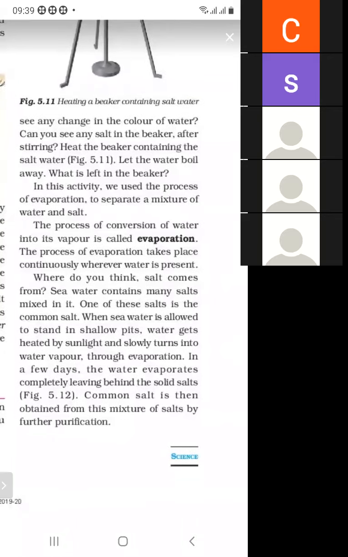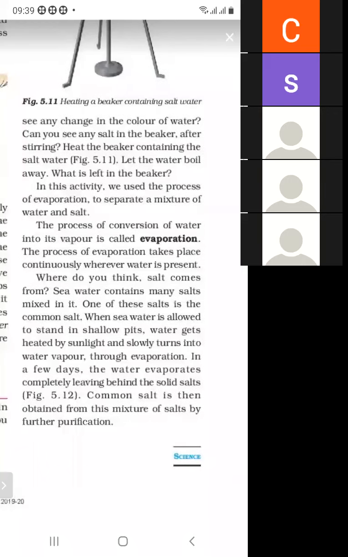Salt, and one of these salts is the common salt. So what do we mean by evaporation?